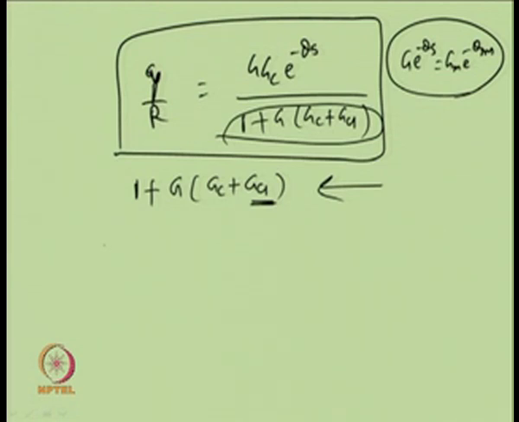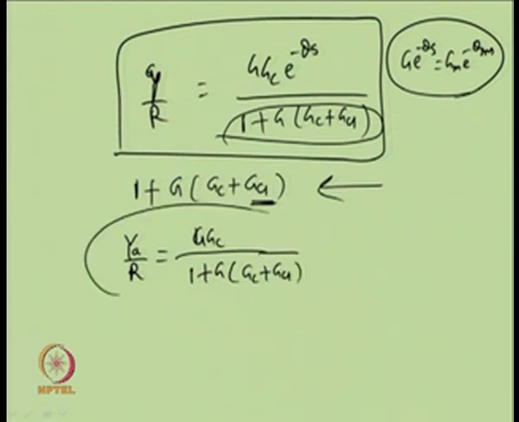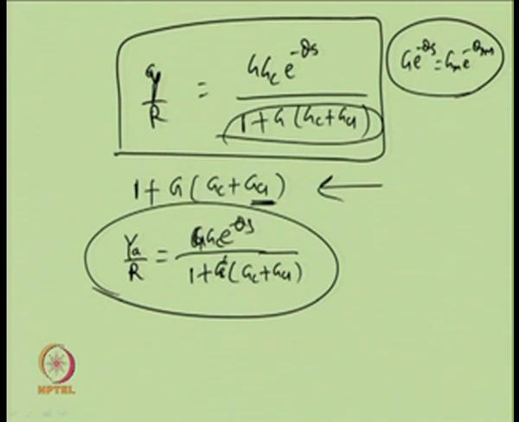The closed loop transfer function for the series feedback compensation scheme is given as y upon r equal to g g c upon 1 plus g g c plus g c 1. Here, when this g has time delay, we have terms like g e to the power minus theta s.